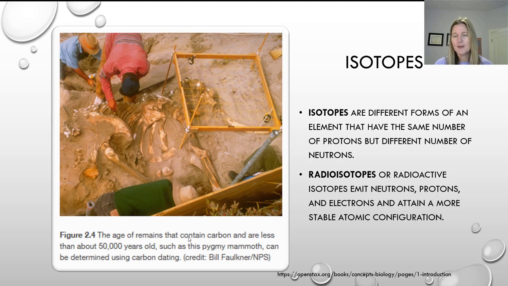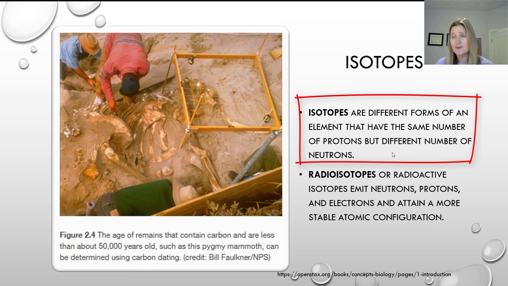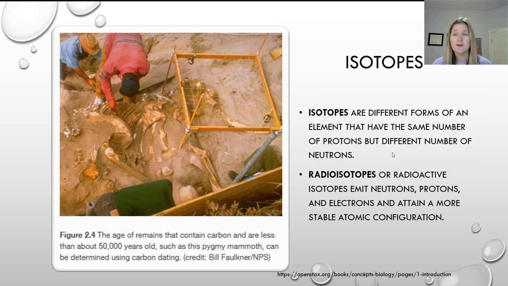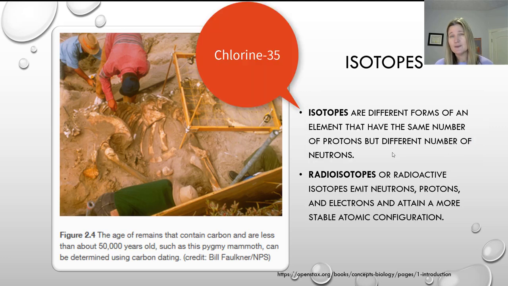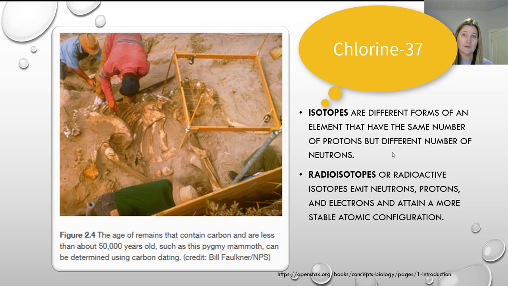All right. Now, I already mentioned isotopes, so here's the definition in case you didn't write it down earlier. So isotopes are different forms of an element that have the same number of protons but different number of neutrons. So in the previous slide, we saw chlorine-35 has 17 protons but 18 neutrons. Chlorine-37 has 17 protons but 20 neutrons.